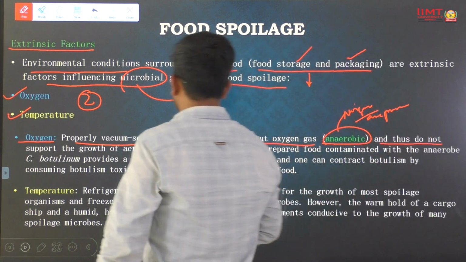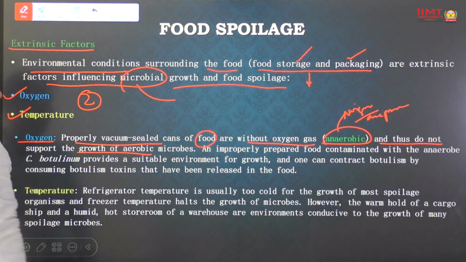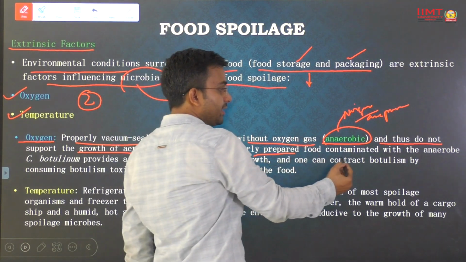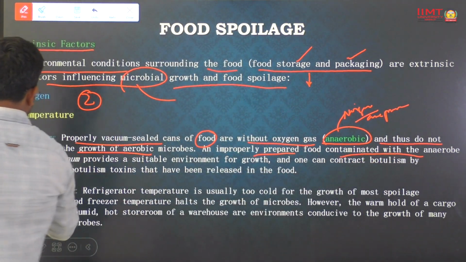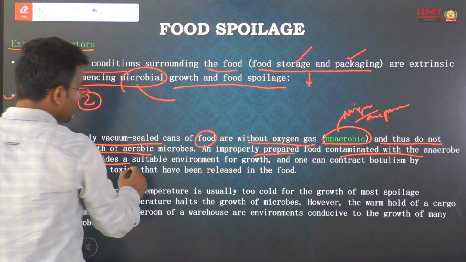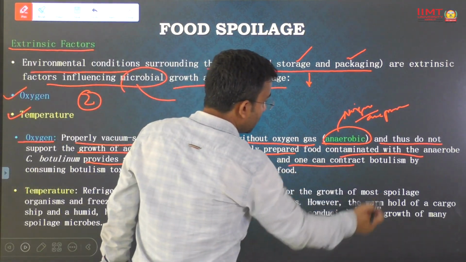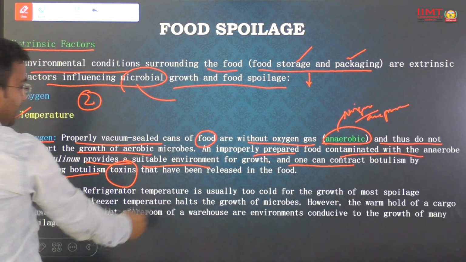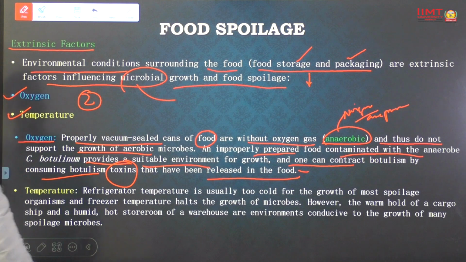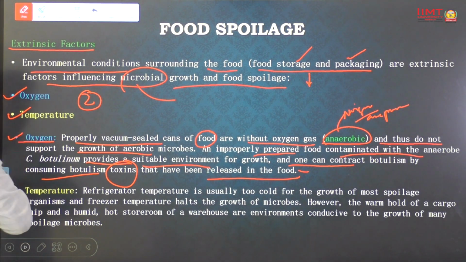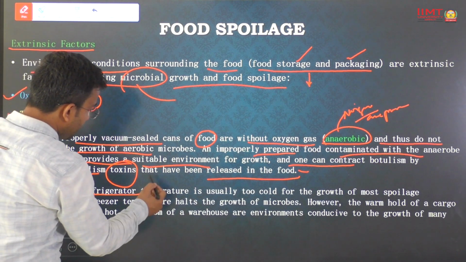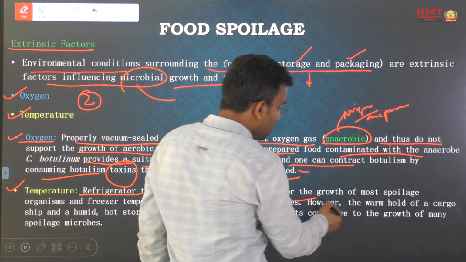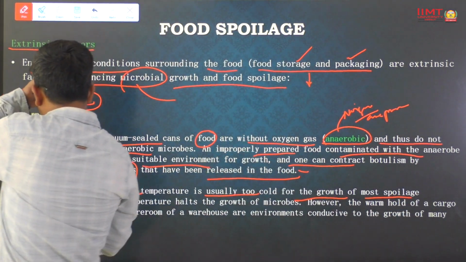and thus does not support the growth of aerobic microbes. But improperly prepared food contaminated with anaerobes provides a suitable environment for growth, and one can contract Clostridium by consuming the toxins that have been released in the food. So oxygen is a parameter that can contaminate or spoil food items. And for temperature, refrigerated temperature is usually too cold for growth of most spoilage organisms, and so is the freezer.